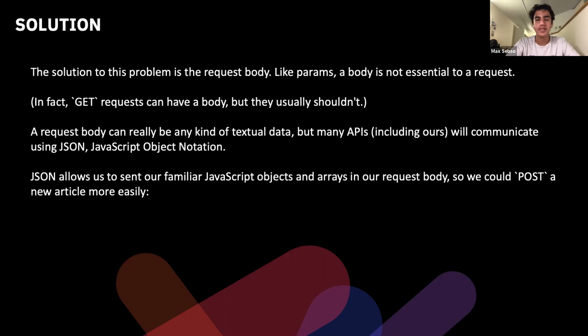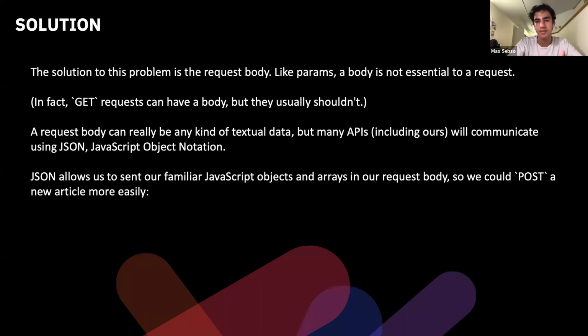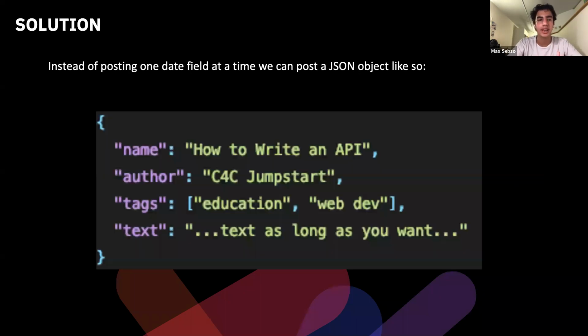So going back, if we wanted to get comments and we wanted 5 different fields, instead of making one call per field, we can just make one call to a specific field, and that field will return a request body. And this body may look something like this. If we request a specific field from the backend, we might get back a body which contains multiple fields that we can parse.